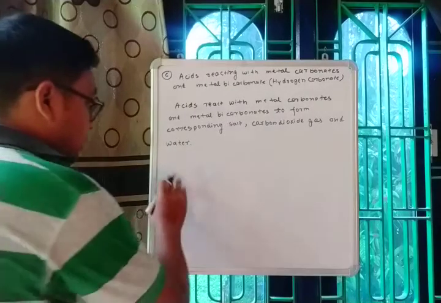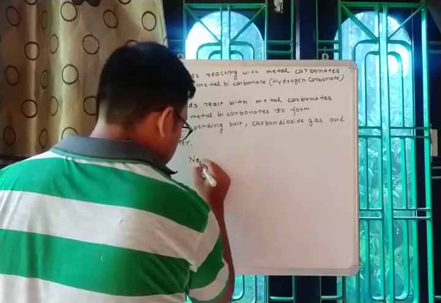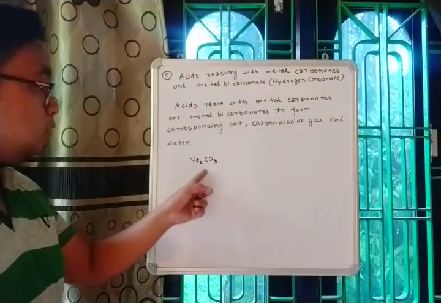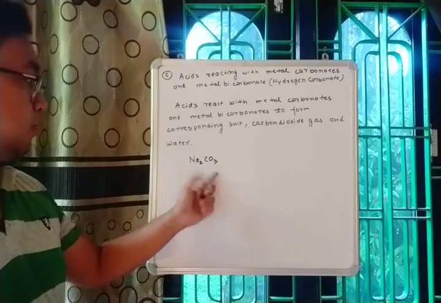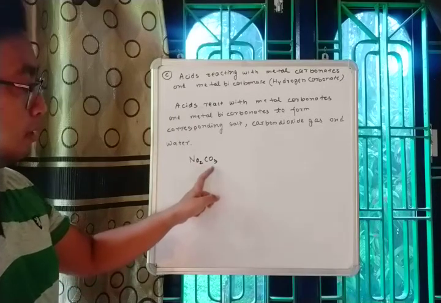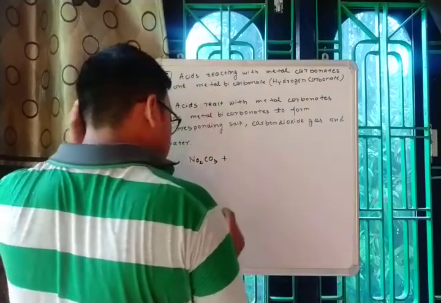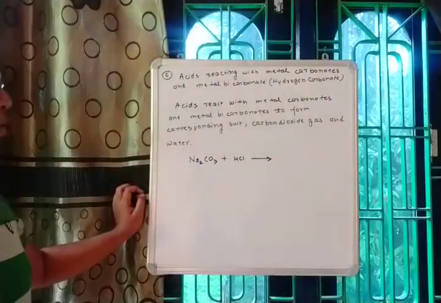Now let me give you some examples. Let's take the example of Na2CO3. Clearly this is a carbonate because this is CO3. But which carbonate? This is sodium carbonate. So we have sodium carbonate and we have HCl, hydrochloric acid.